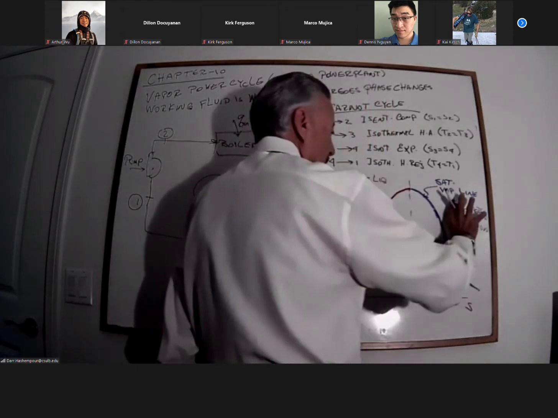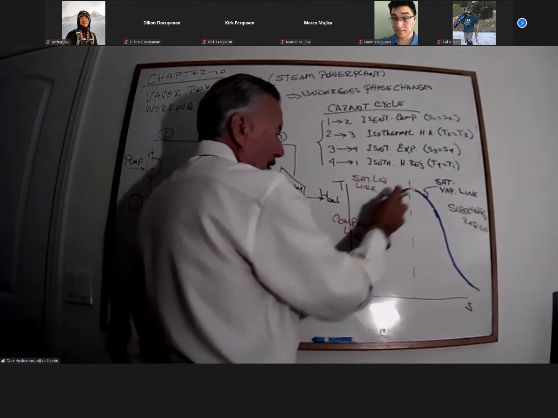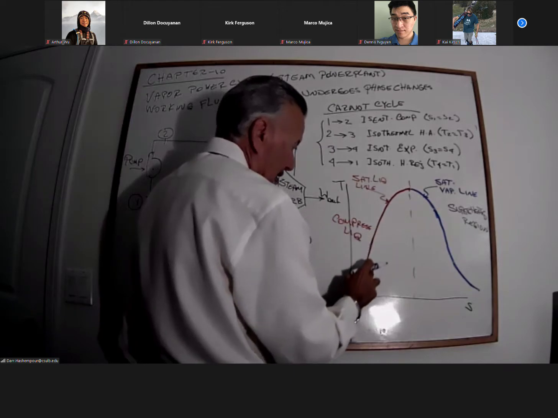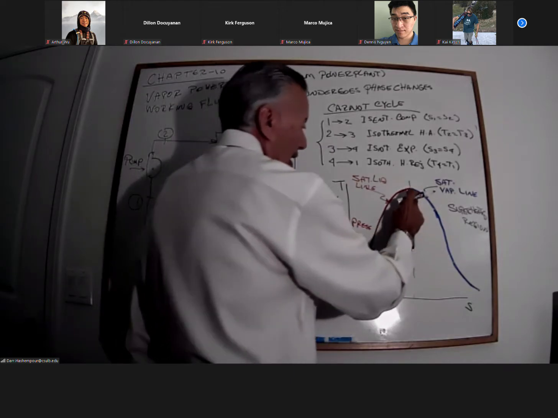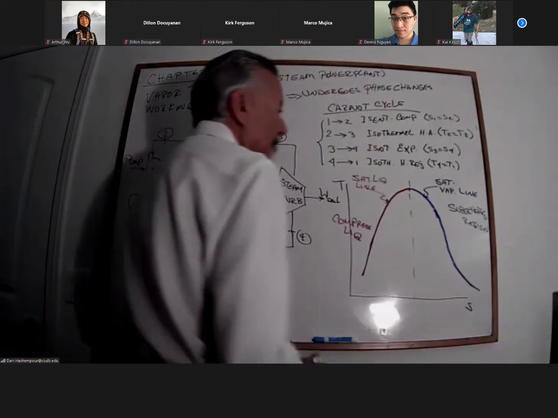So everything here is superheated, everything here is compressed liquid. That line is the saturated liquid line, and any point on this line is a saturated vapor line.